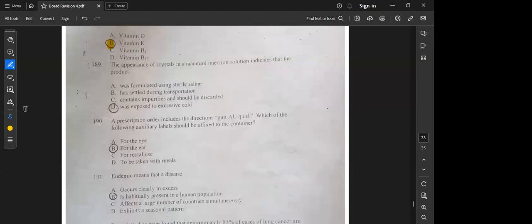Answers, please. Okay, the crystals are formed because of poor storage, and it usually happens in cold temperatures. So I think the answer is D.